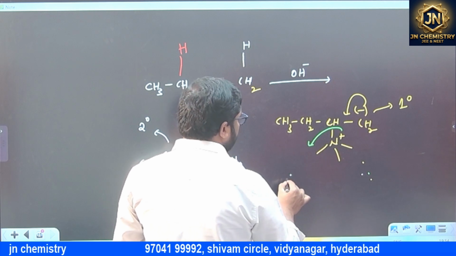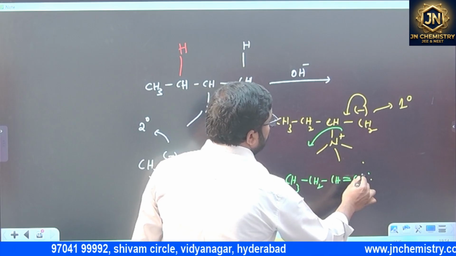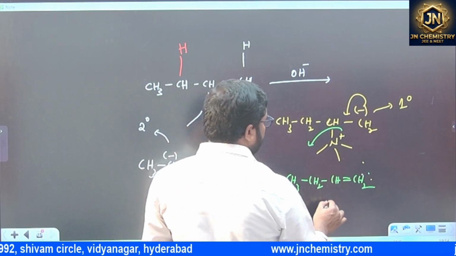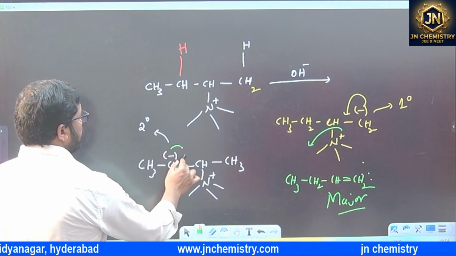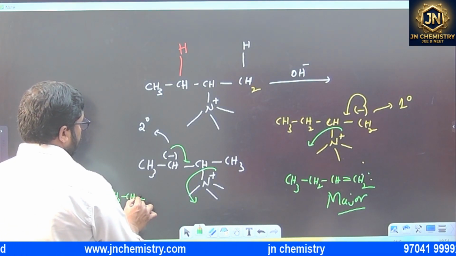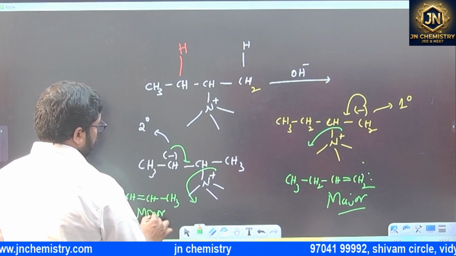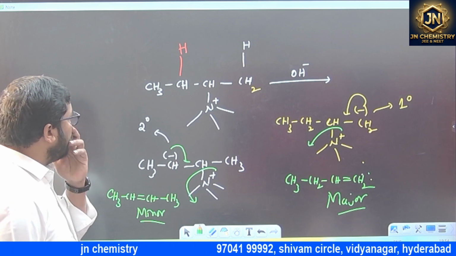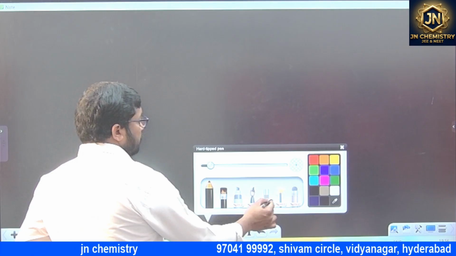So the negative charge comes here and this goes, and we get the Hofmann product as the major product right here. Hofmann product means what? The unstable alkene, the least substituted alkene. This is major over here. In this particular case, it depends on conditions, of course. Write some examples.